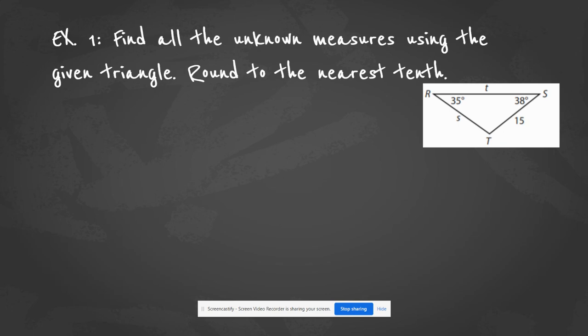So I'm going to start with what's given. I notice that I have the number 15 here, and I also have the 35. And I know these two are related because they're directly across from each other, right? So I'm going to start by writing my proportion with those 2 pieces of information. So sine of 35 directly relates to the side, which is 15.